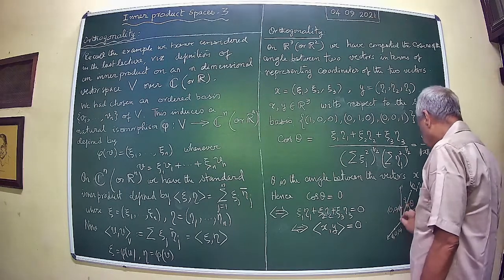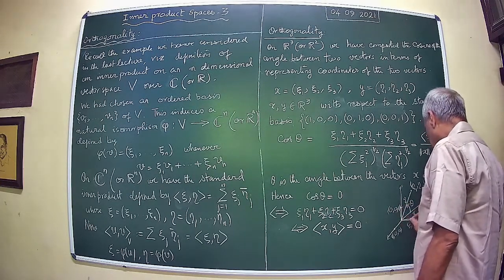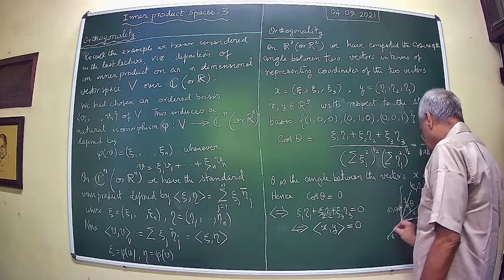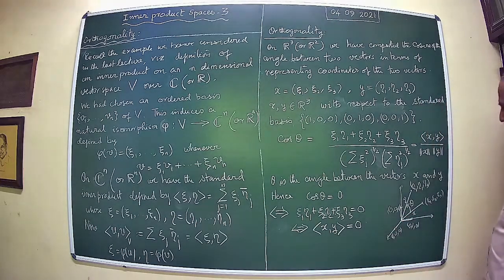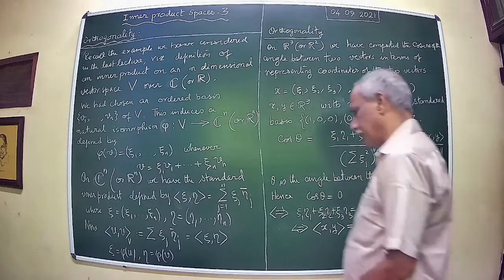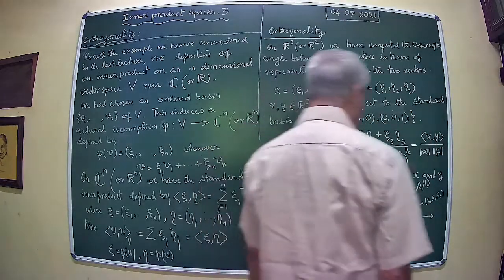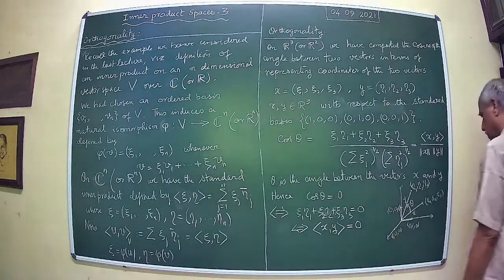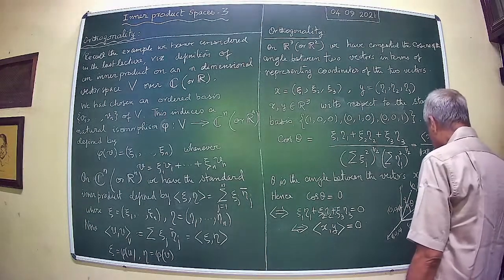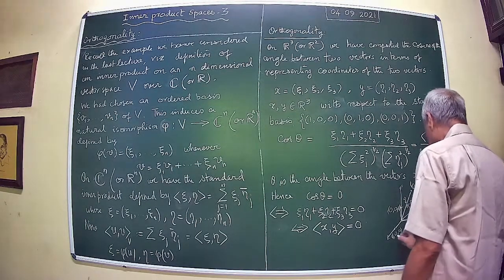These are the coordinate axes, or the unit vectors in these directions. In terms of that, you are writing this psi 1, psi 2, psi 3.